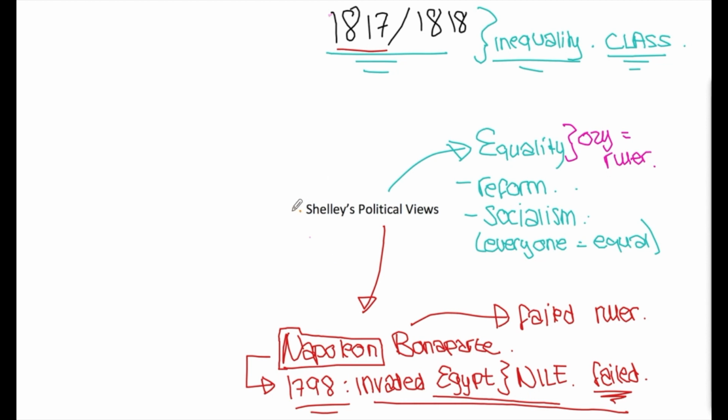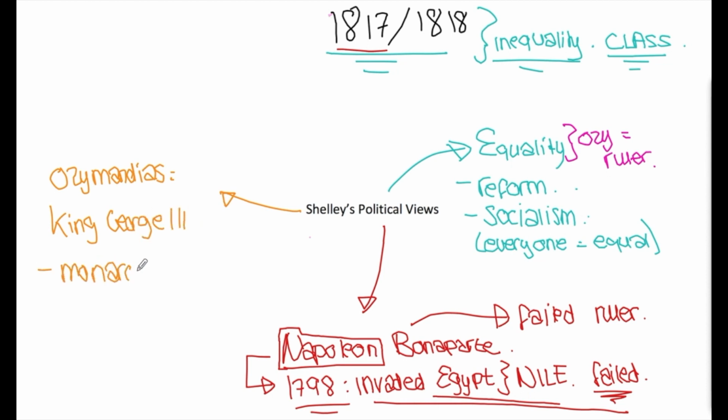Another thing about Ozymandias which could reflect Shelley's views: a lot of people did believe that Ozymandias also represented King George, who was the monarch of the time. So around this time, 1817, 1818, King George was the ruling monarch.